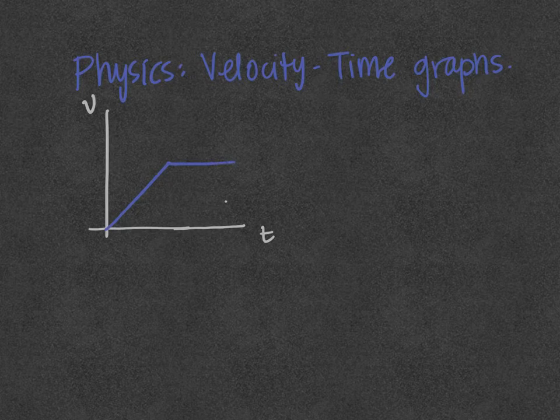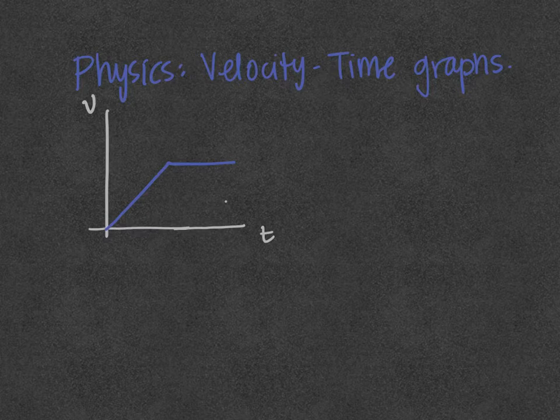So an example would be if you are at a stop sign in a car and then you take off, and so you start from rest and you speed up to some final velocity, and then you maintain that velocity in the car. So this shows me two steps of the motion.